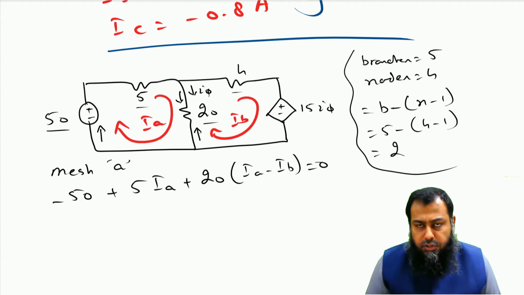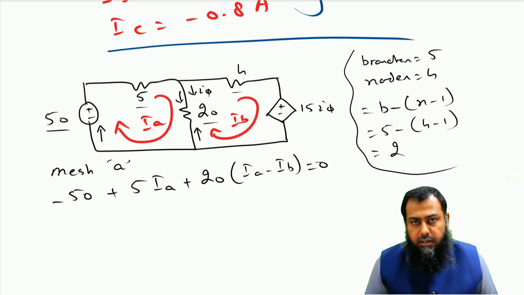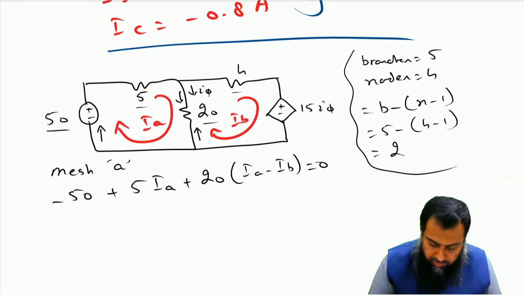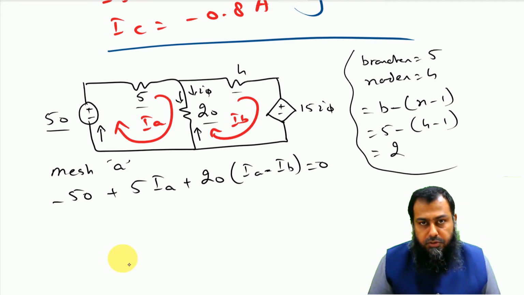Suppose IB is not a clockwise current, rather an anti-clockwise current, then we will just replace this negative sign with a positive sign, because now both the currents are entering this 20 ohm resistance from the same terminal.